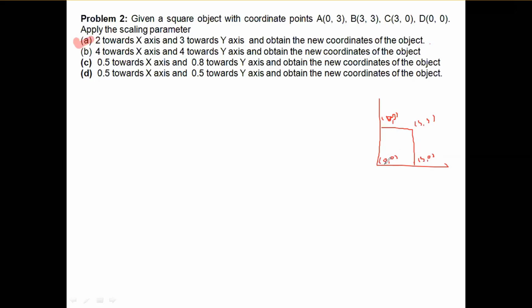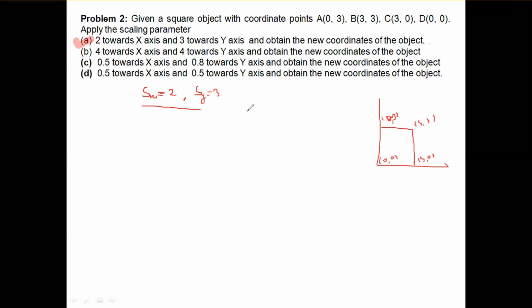Okay, now I have to scale this object by sx equal to 2 and sy equal to 3.